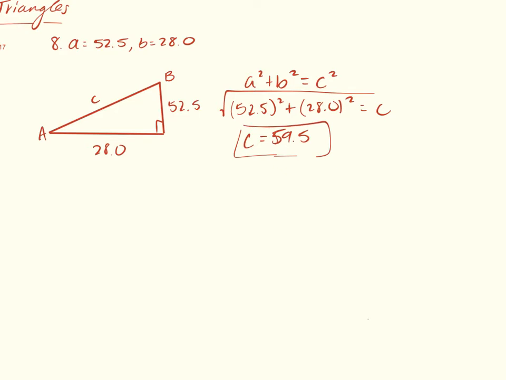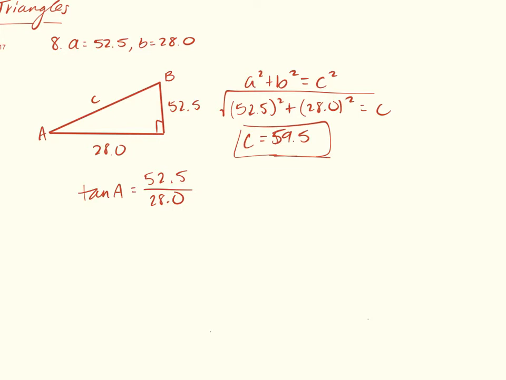Okay. And then we need to find our angles. So first I'm going to find tangent of A, and that's going to be 52.5 over 28.0. This is because I'm given 52.5 and 28, and it's usually a better idea to work with given numbers rather than found numbers, such as C, because what if you're wrong?